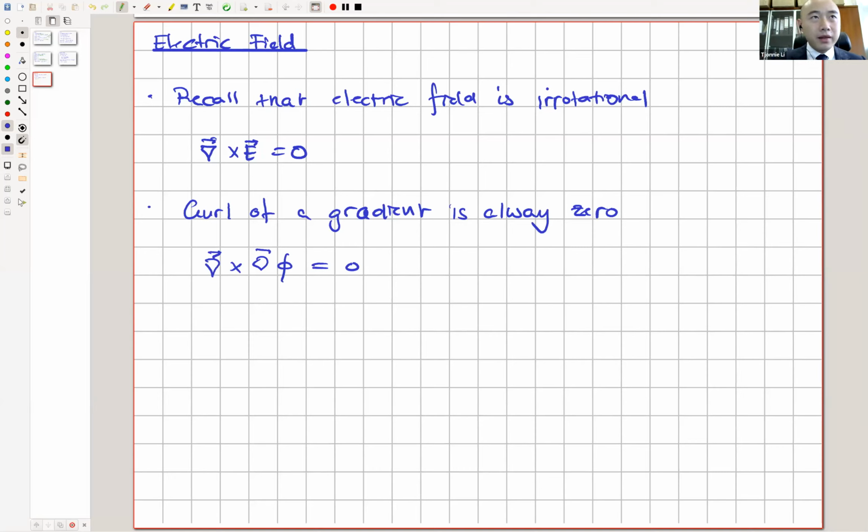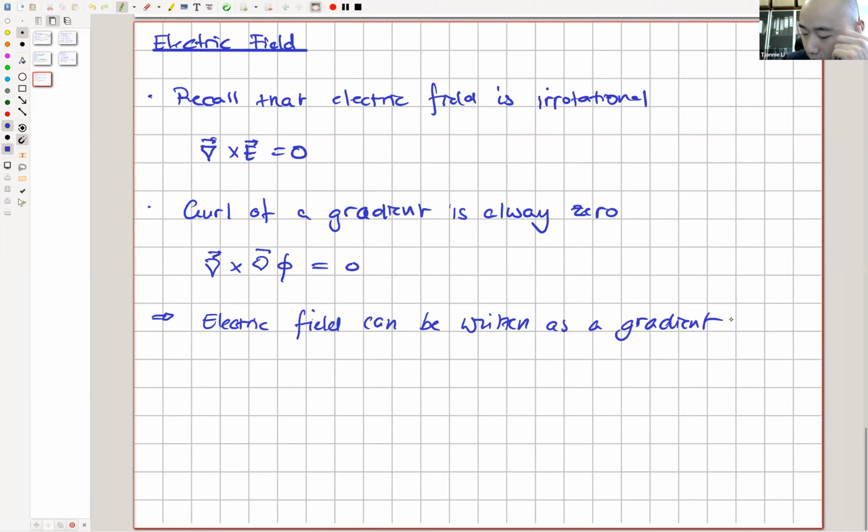So if I compare the first equation with the second equation, I ought to arrive at the conclusion that the electric field can be written as a gradient. In this case, the proposal is to write E as a negative gradient of phi.